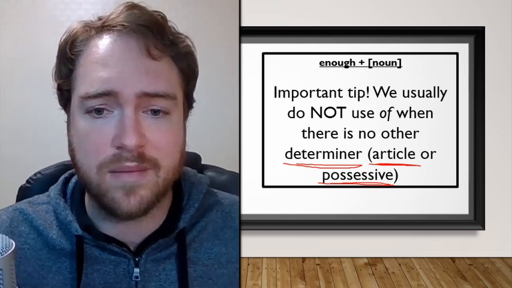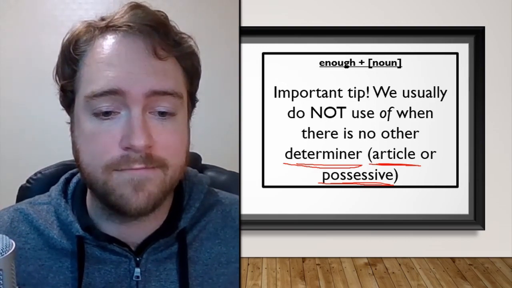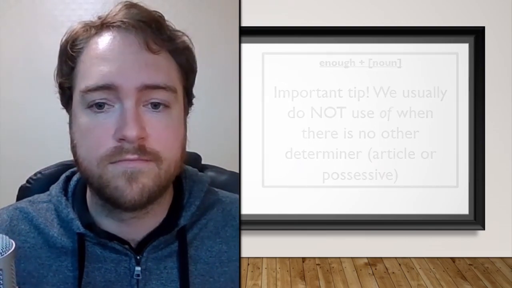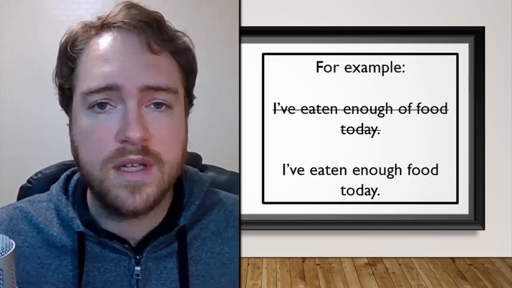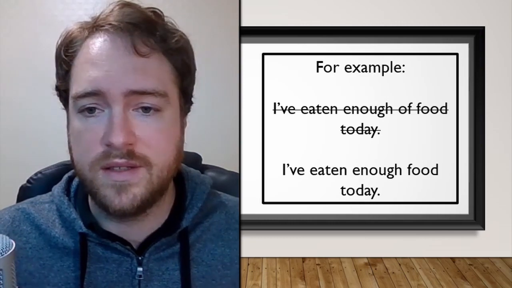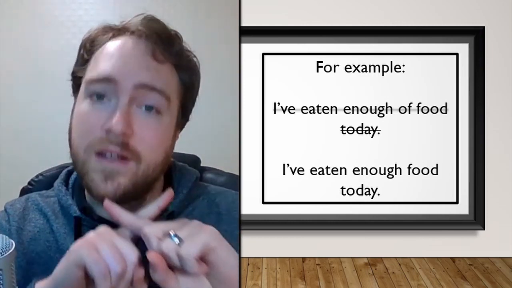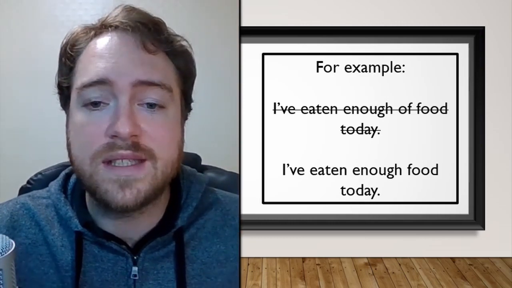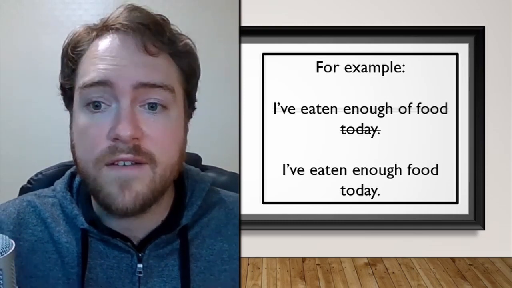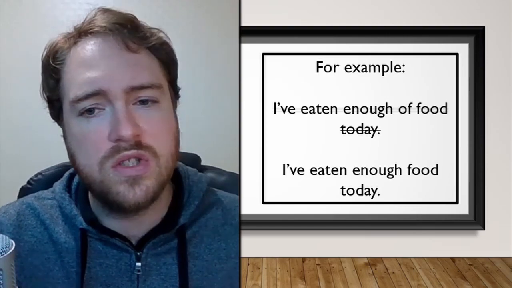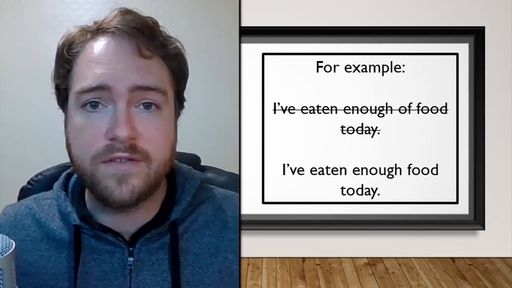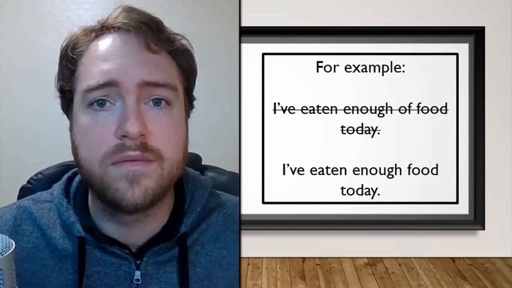So let's see an example of this. For example, I've eaten enough of food today is incorrect. Okay, we would say I've eaten enough food today. Okay, because we usually don't use enough of and then a noun.